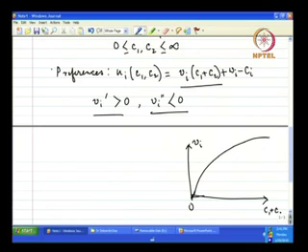Now, the question is, if this is the setup, if there are two players, each player can contribute towards the construction of public good, and those contributions are called C1 and C2, and their utility functions, preference or payoff functions, are given by this.